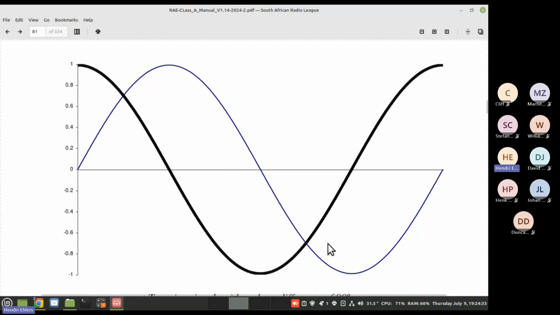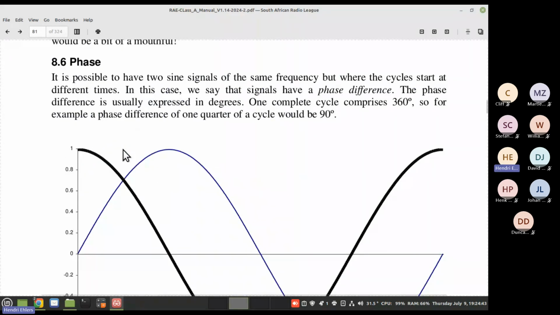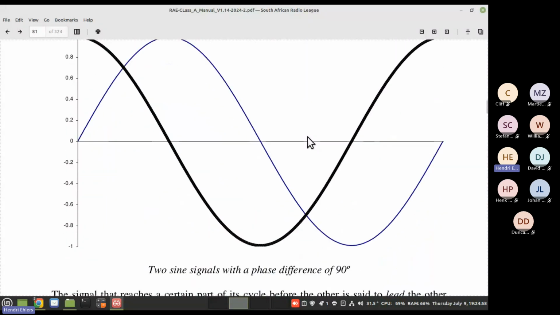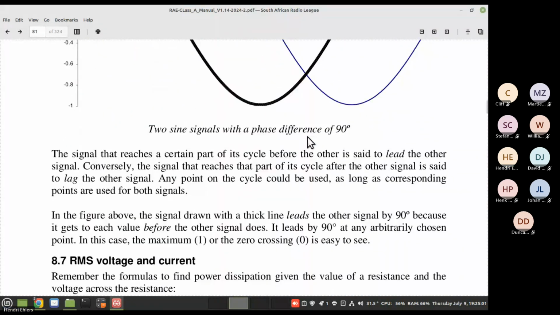So these two cycles are out of phase, and you can have many of them, one after the other, that have a phase difference, as they say over here. In this particular case, this one is 90 degrees out of phase, so the one leads the other by 90 degrees.